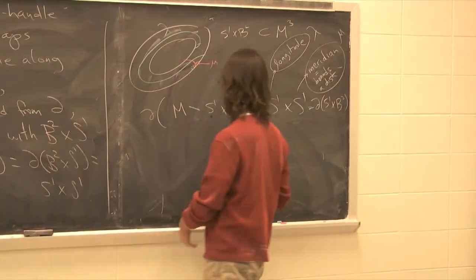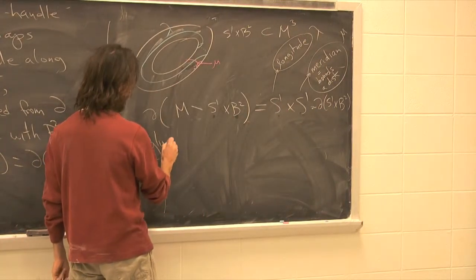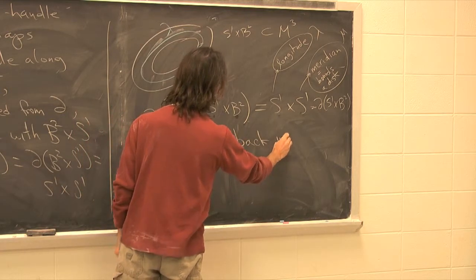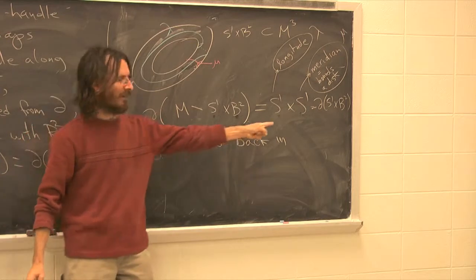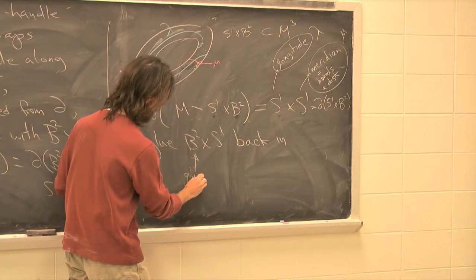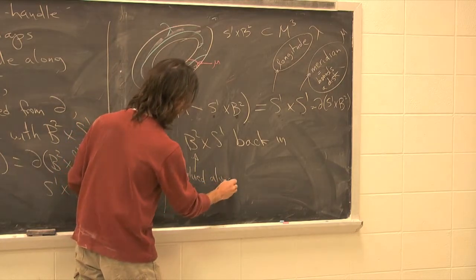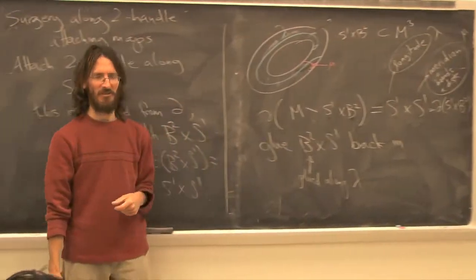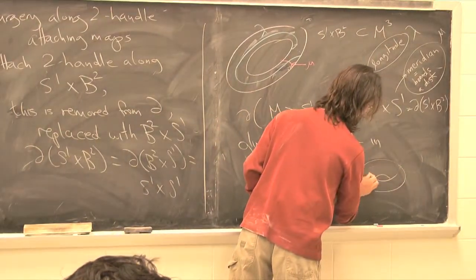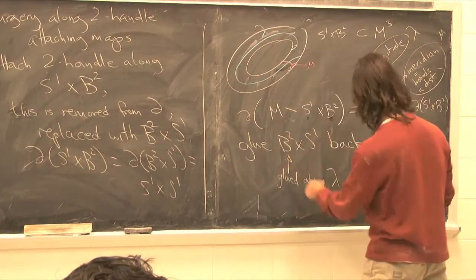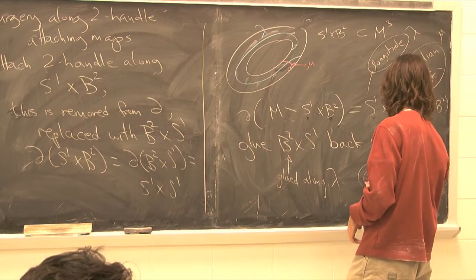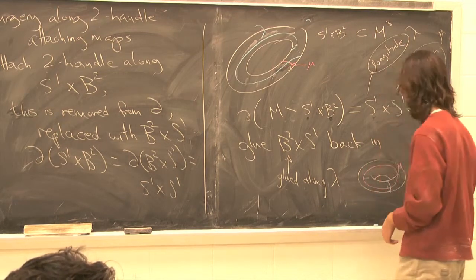And so now you glue B2 cross S1 back in, and the key thing is that you glue it in so that this becomes the boundary of that factor. This is bounded by that factor, so this is glued along that. And that's what I cannot draw a picture of. I'm supposed to draw a solid torus, B2 cross S1, and the boundary of the disk now is supposed to be blue, and red is supposed to be meridian.